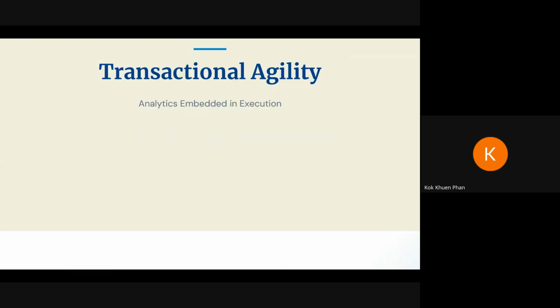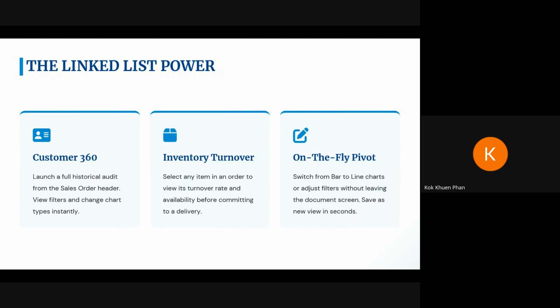Next, the web client also supports transactional analytics. What it means is that we can actually browse to the dashboard directly from the transactions. So what I'm going to show you is the power of the linked list view.